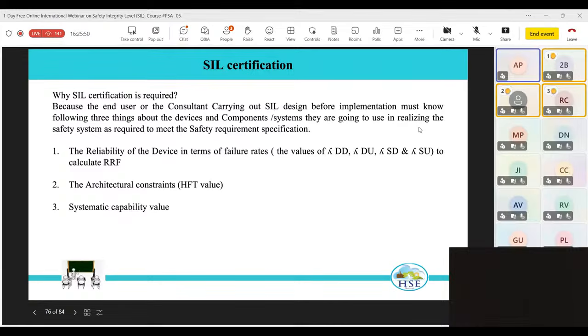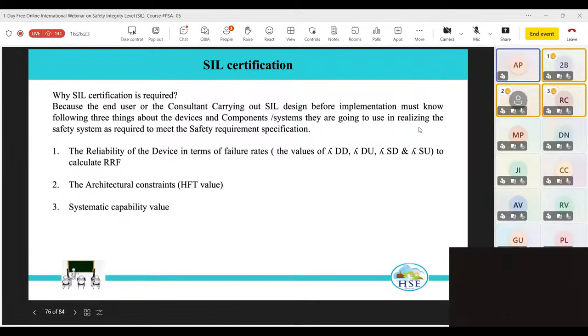They certify whatever design has been done, and that's how certification comes into the industry, because otherwise the end user cannot decide compliance. So why is certification required? Because the end user or the consultant carrying out the design must know the following three things before implementation about the device and component system they are going to use: realizing the safety system as required to meet the safety requirements specifications.